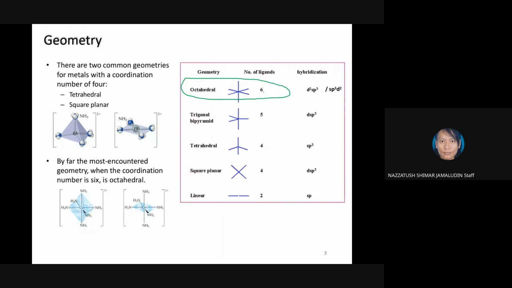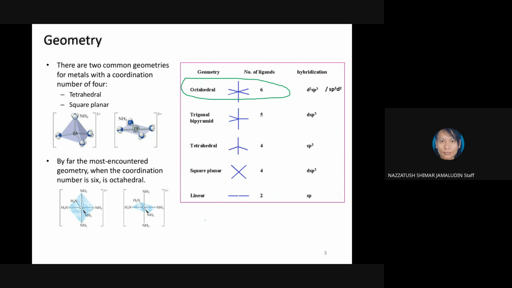So the number of ligands is not necessarily important to determine the coordination number. The coordination number is purely determined by how many donor atoms are coordinating to the metal. Okay? You get this? Very good. It's the same for trigonal bipyramid, tetrahedral, square planar, and everything.